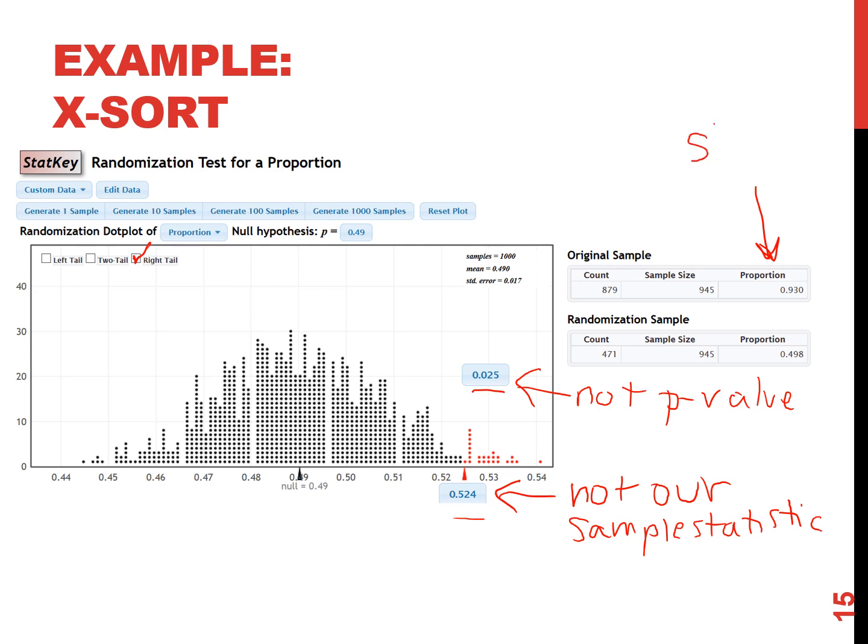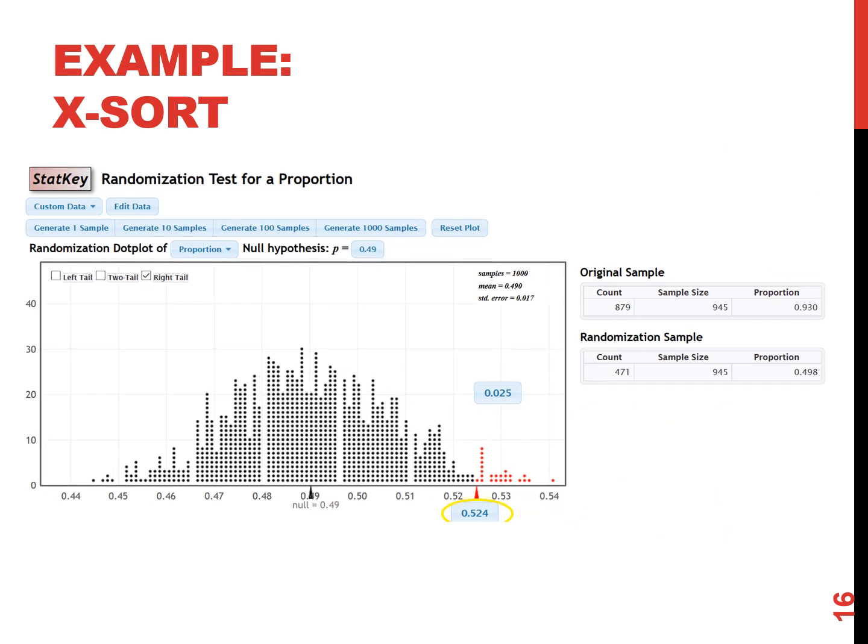So I need to start the tail here at 0.93. To do that, I'm going to click on this box and change this value to 0.93, which I'm getting from the original sample, remember.